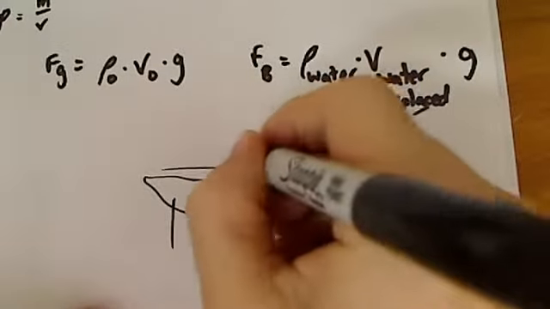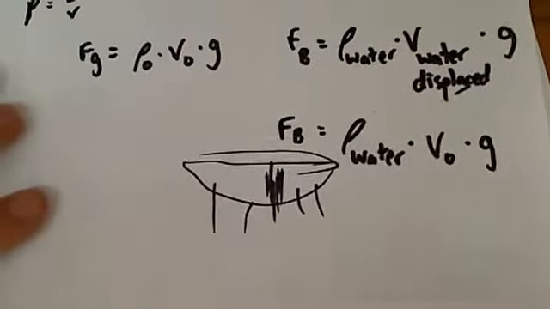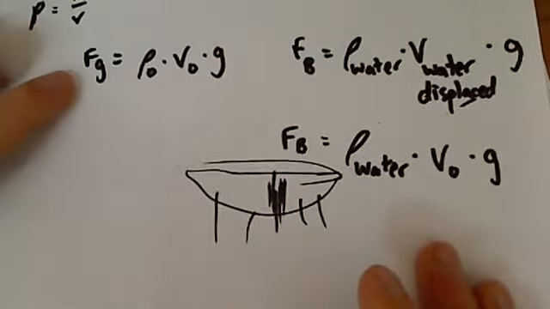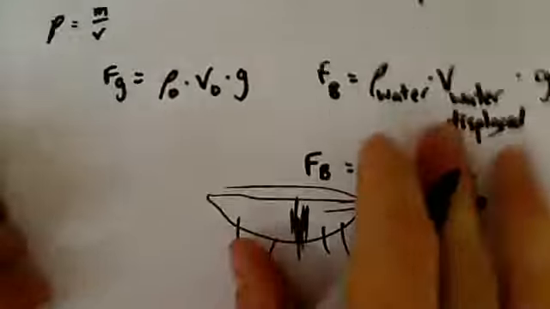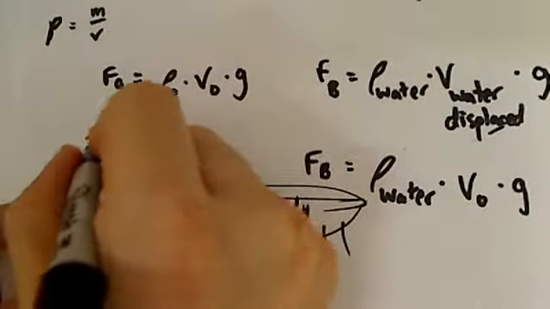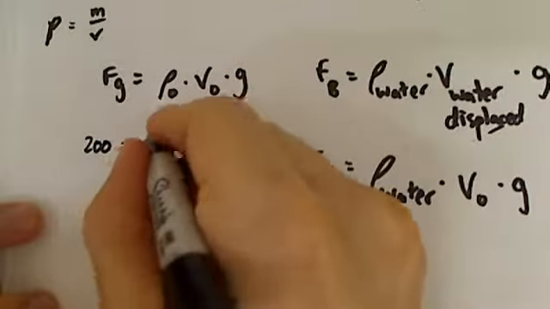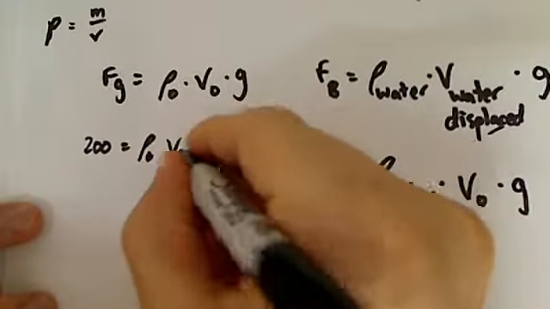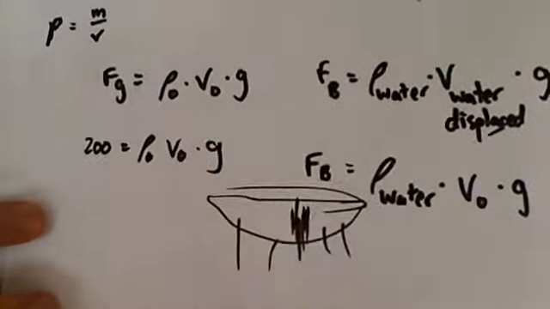Alright. So let's sub in some numbers so it's easier for us right now. Force of gravity, up at the top, we see that it's 200 newtons. The density of the object, well, that's what we're trying to find. We don't know what the volume of the object is, g.